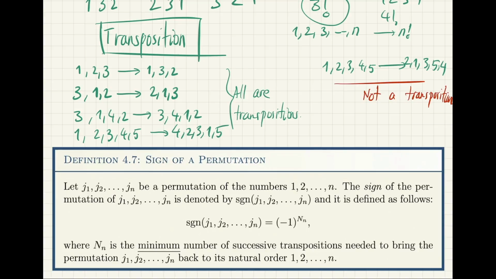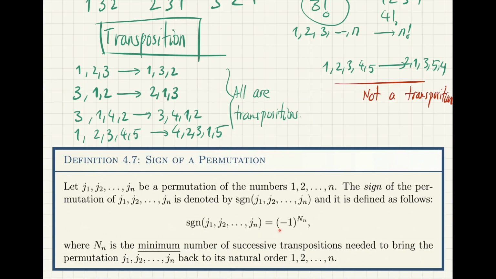You see that the sign of a permutation is -1 to the power of the minimum number of successive transpositions needed to bring the permutation back into its natural order. So this is an integer, and -1 to the power of an integer is either -1 or +1. So it means that there are two types of permutations if you consider the sign of those permutations.